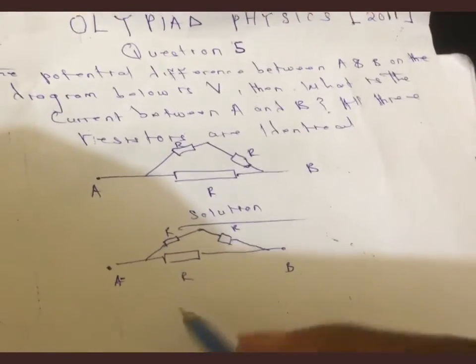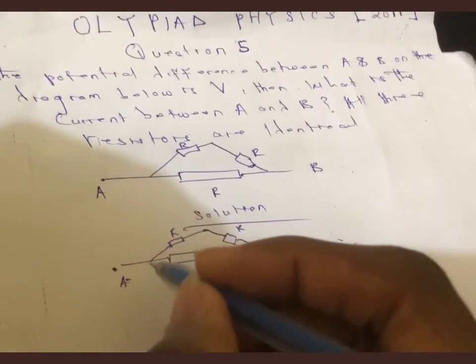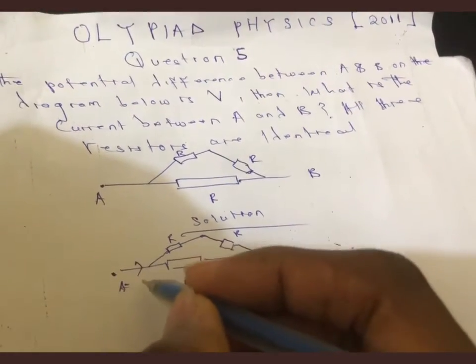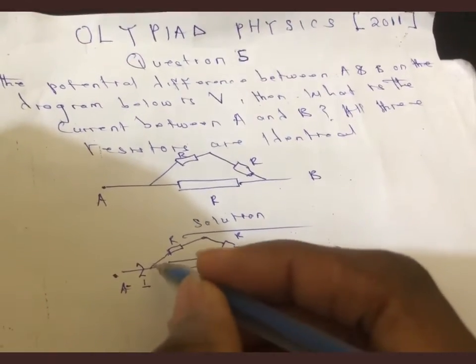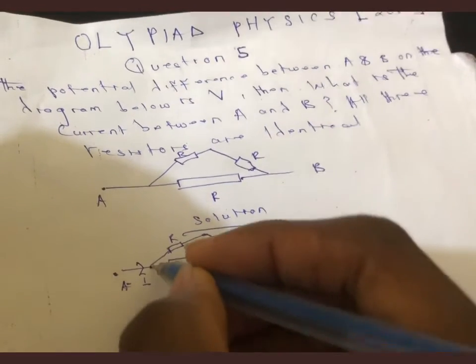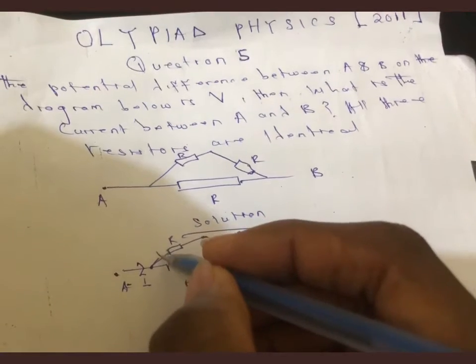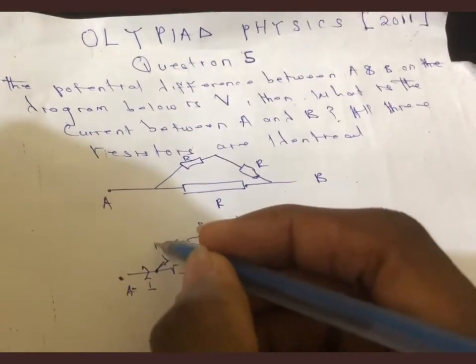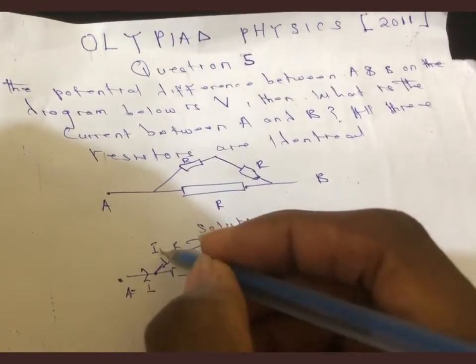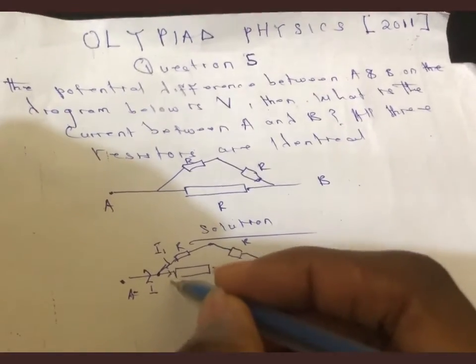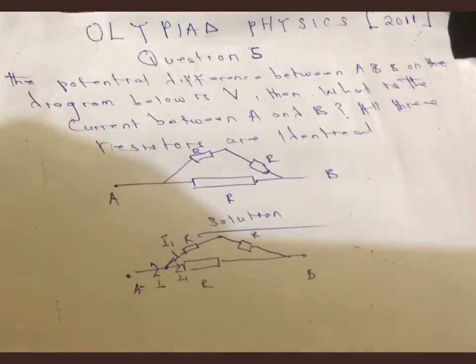So the first thing we need to know is that when a current of I flows through here, when it reaches this node, it branches to this point. So the current here is I, and the current that flows through here is I1.